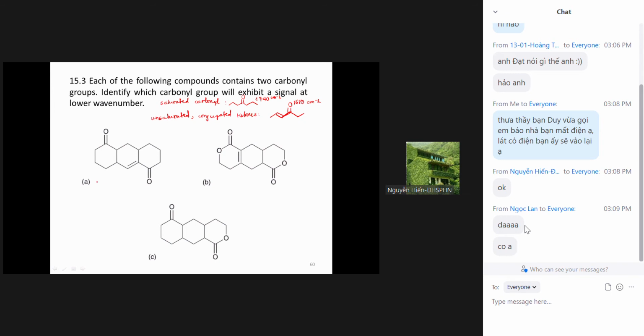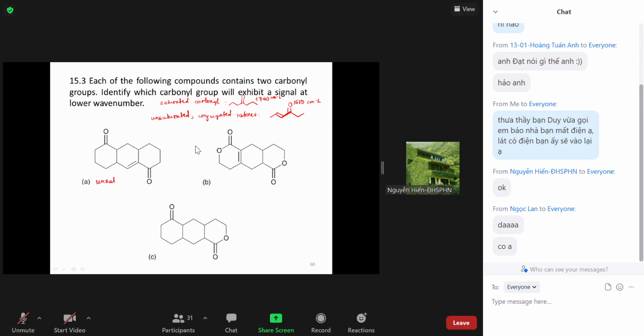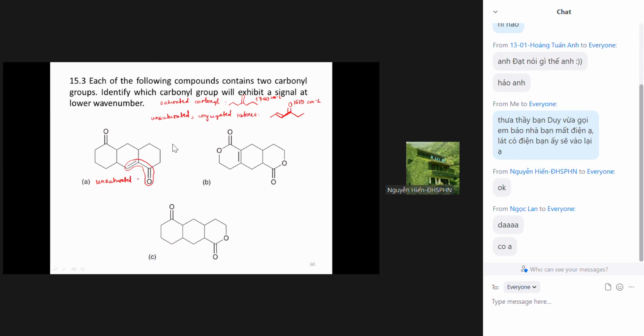This is the unsaturated conjugated part, and this is the saturated ketone part. So the saturated one will absorb at about, and the unsaturated and conjugated part will absorb at.